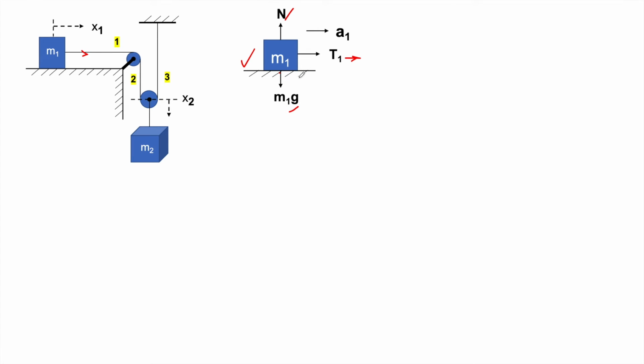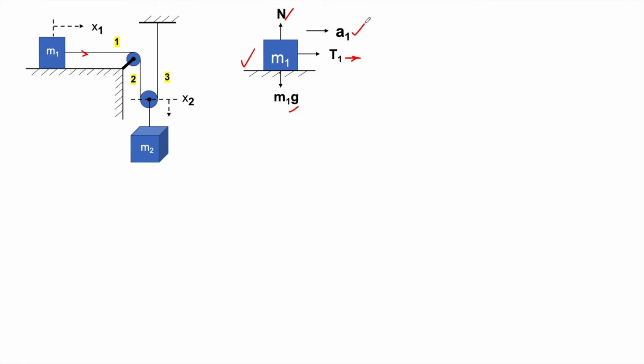Since there is no movement of the block along the vertical direction, normal force balances the m1g force. The only force acting along the horizontal direction is the tension force, and due to this tension force T1, block m1 moves with acceleration, suppose a1, towards right.